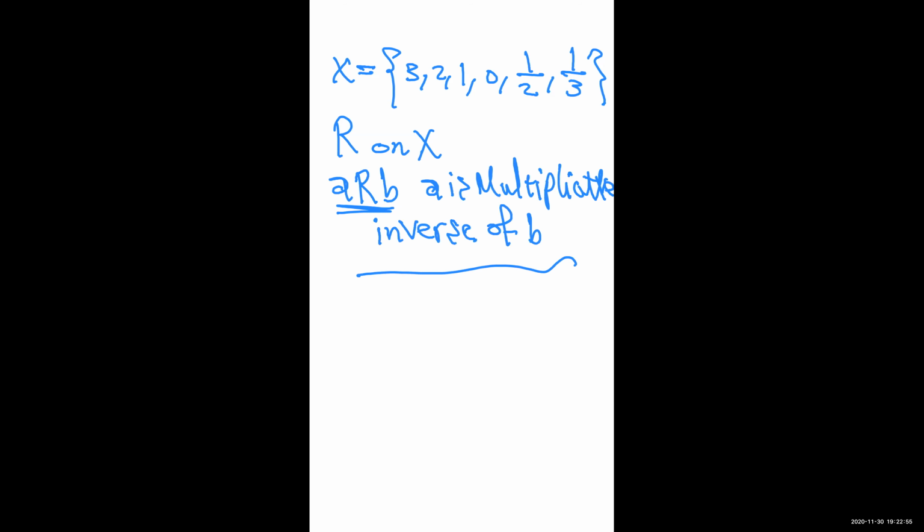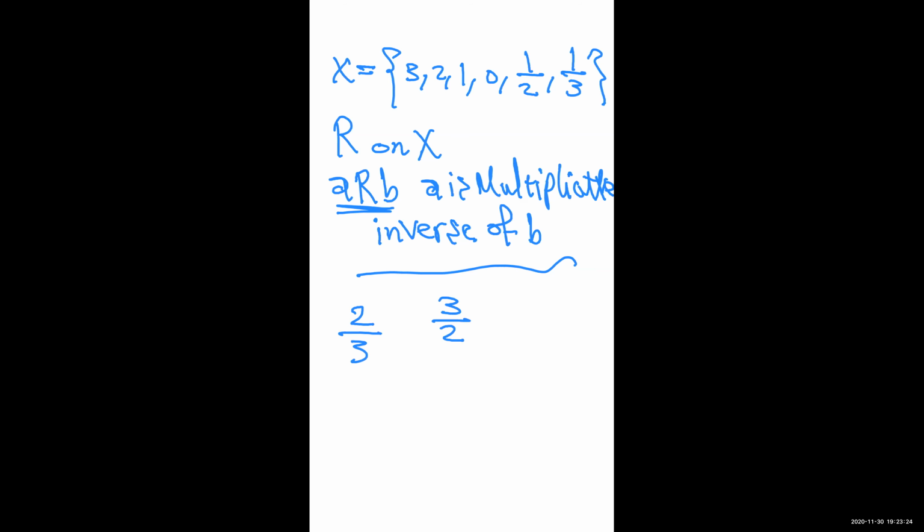But first, what's the meaning of multiplicative inverse? Multiplicative inverse means I will just flip the number. The numerator will become the denominator and the denominator will become the numerator. Like 2/3: the multiplicative inverse here will be 3/2.